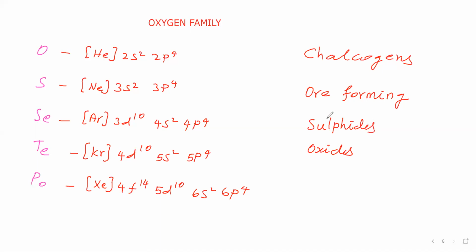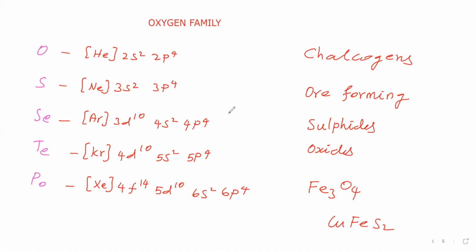Suppose you take haematite, magnetite, Fe3O4, these are oxides; iron pyrites, CuFeS2, are sulfides. So since they form ores, they are called chalcogens.